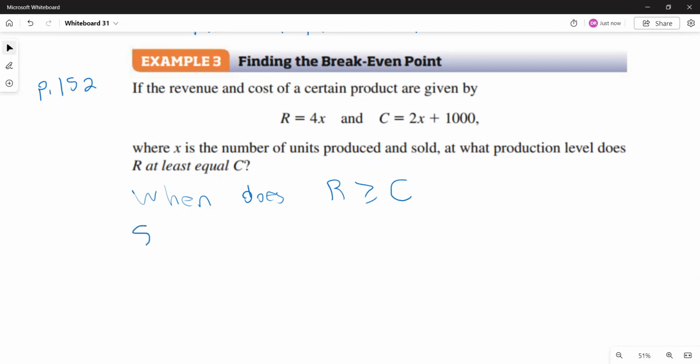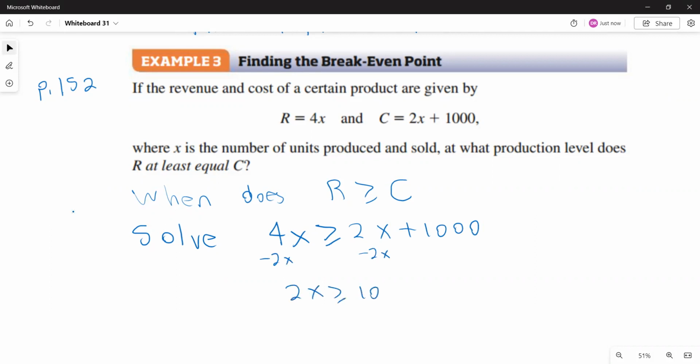So we're going to solve 4x greater than or equal to 2x plus 1000. So let's subtract 2x from both sides. And 2x is greater than or equal to 1000. Divide both sides by 2. And x is greater than or equal to 500.